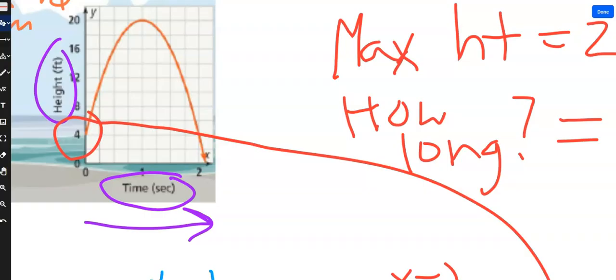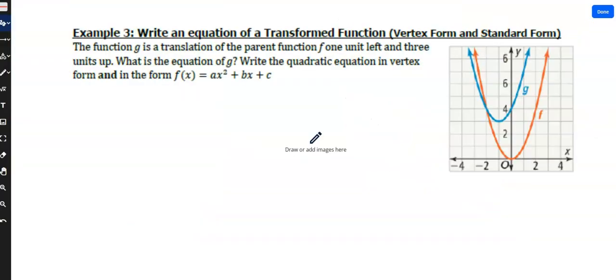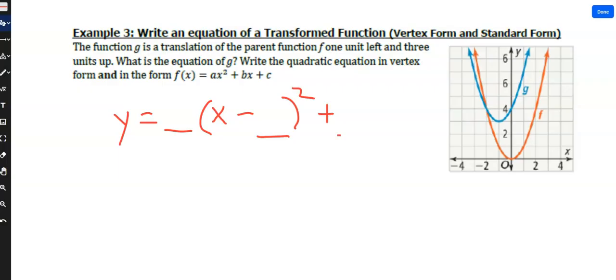So next slide. Function g is a translation of the parent function, 1 unit left and 3 units up. What is the equation of g? Okay, so if you're given a picture, I should be able to look at this picture and come up with some basic information.